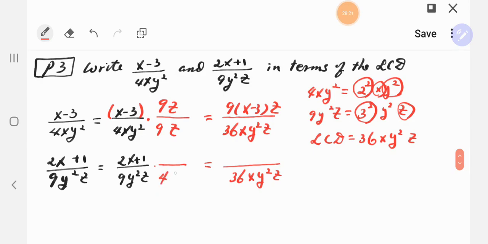And then we need to multiply x. And then y squared exists, z exists. So we multiply both the numerator and denominator by 4x. Then the numerator becomes 4x times 2x plus 1. Actually, the order doesn't matter, but we usually write the number first, then the single variable, and then binomials. Okay, done.